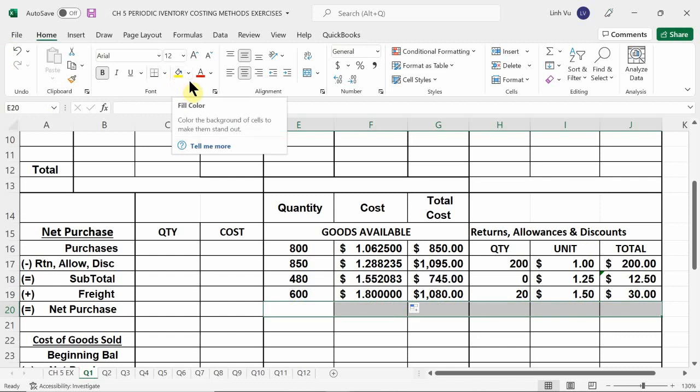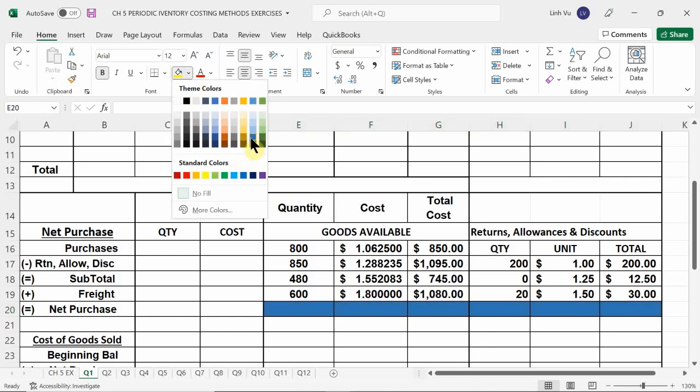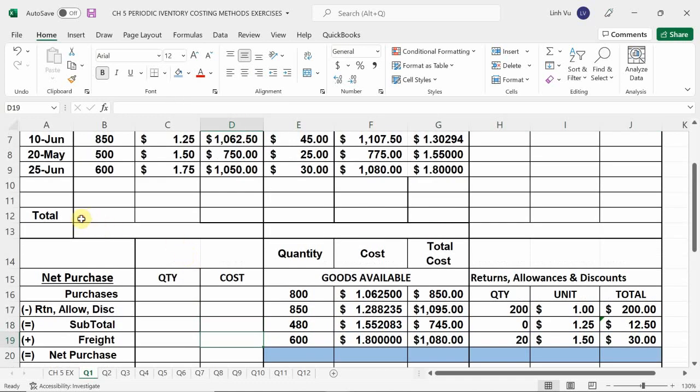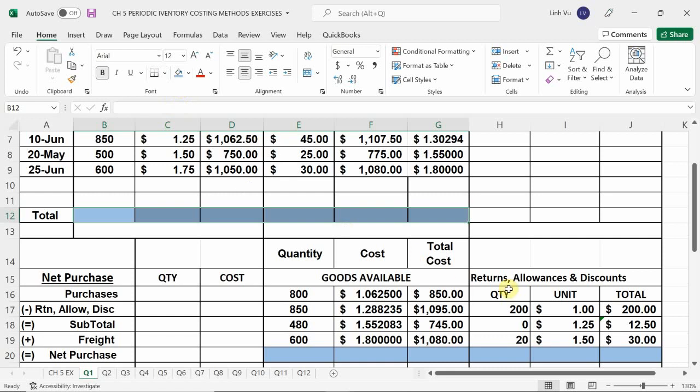Now I'm going to start creating tables here to represent that. I'm going to be tallying up my totals. I need to tally up my totals for my goods available, my total net purchases, as well as my returns and allowances. So that's three sections I need to calculate.